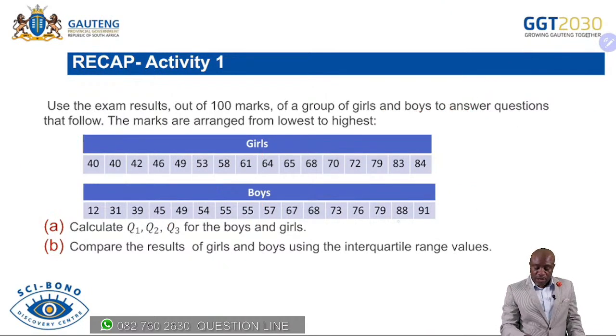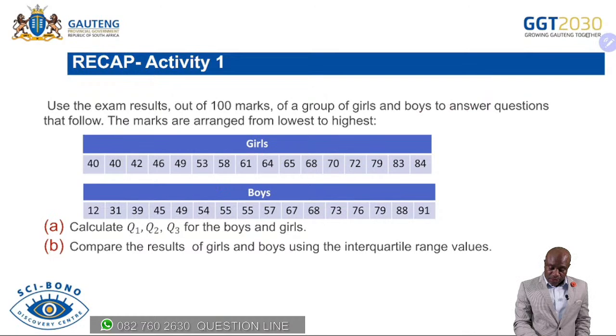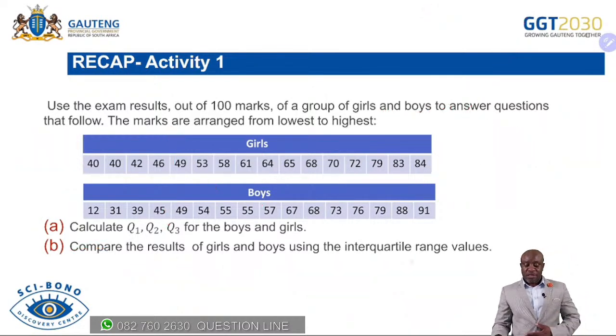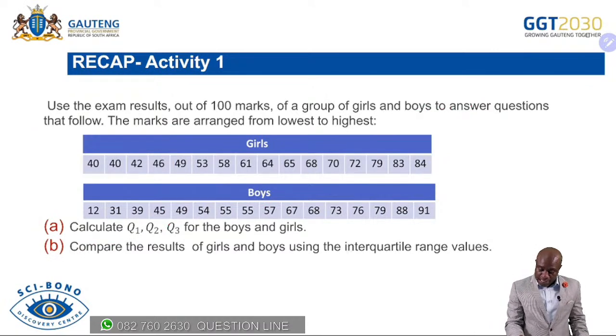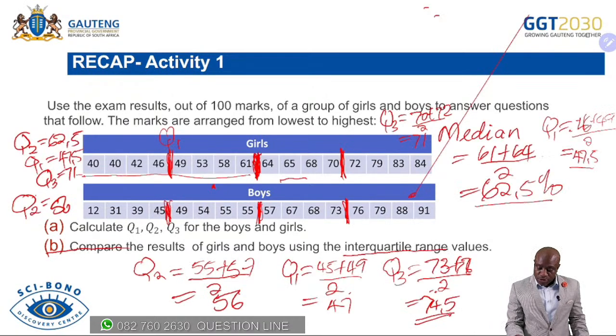Now, remember we tried to answer this last question where we want to compare the results using the interquartile range. I'll remind you of what we said is the interquartile range. The interquartile range is Q3 minus Q1.